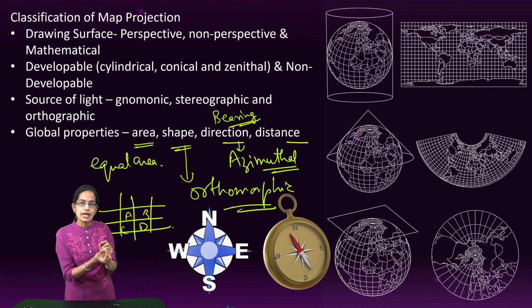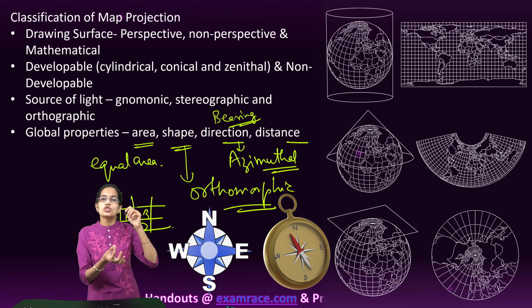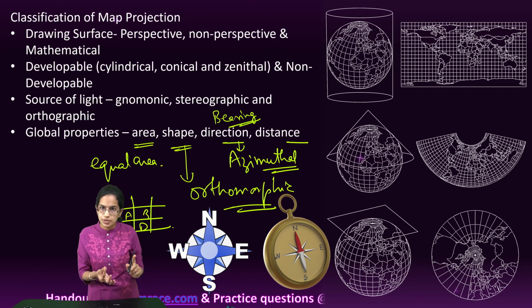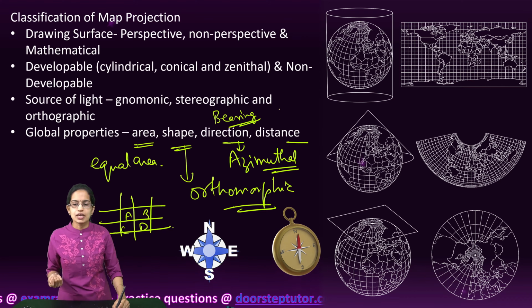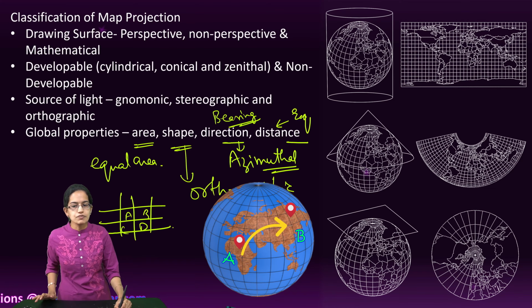So what is the idea under direction? Conserving or maintaining the direction is true direction, which is known as azimuthal projection, and finally we have maintaining the true distance, which is also known as equidistant.